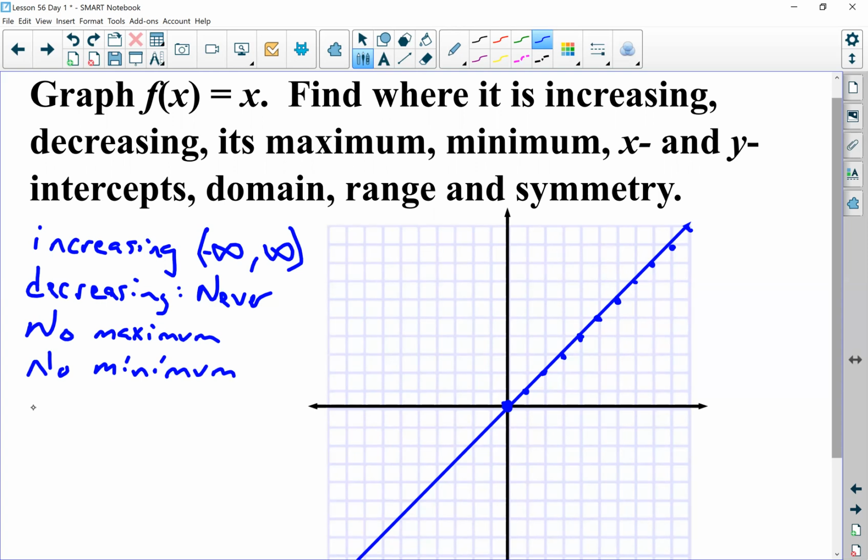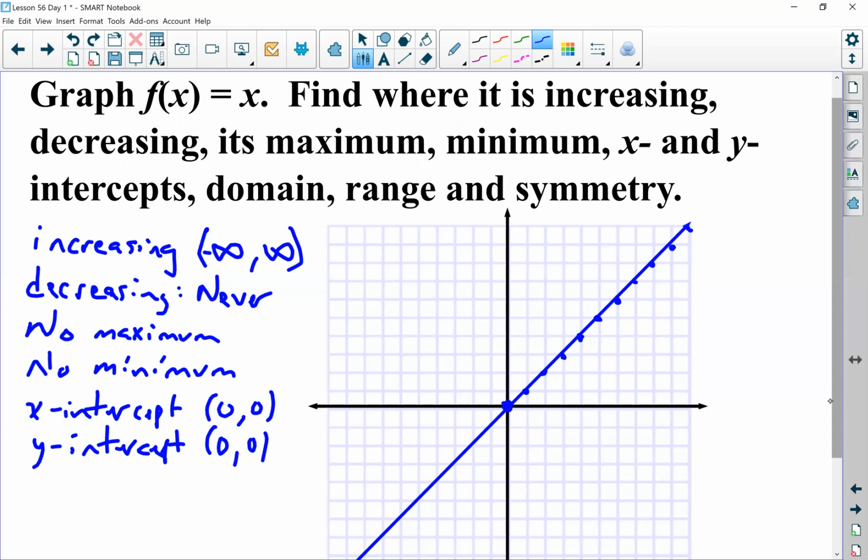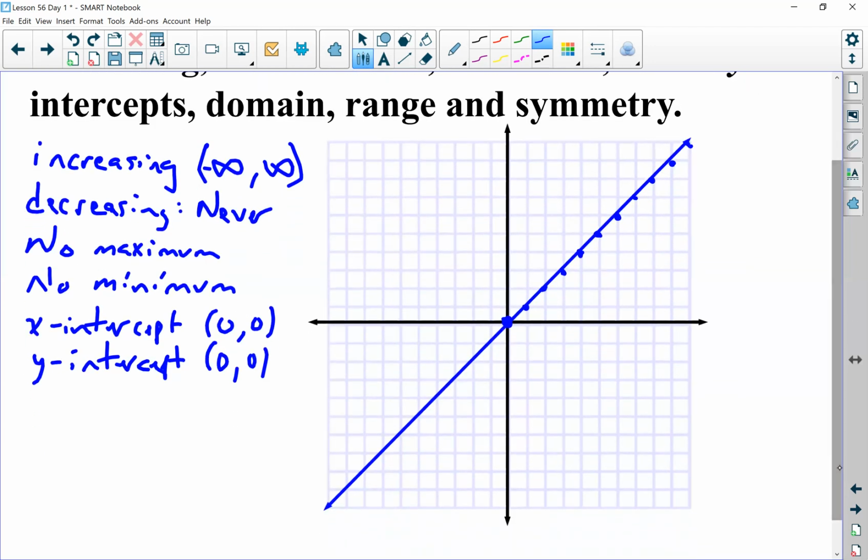X and Y intercepts. Now it crosses the x-axis at 0, 0. It crosses the y-axis. The y-intercept is also 0, 0. The domain.